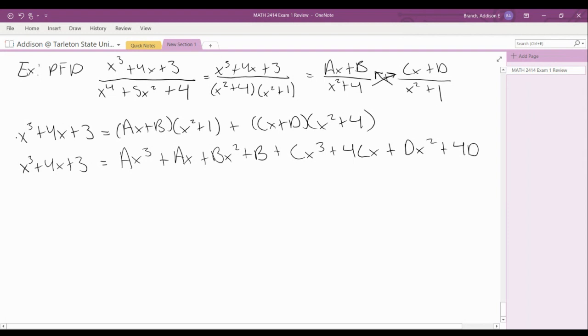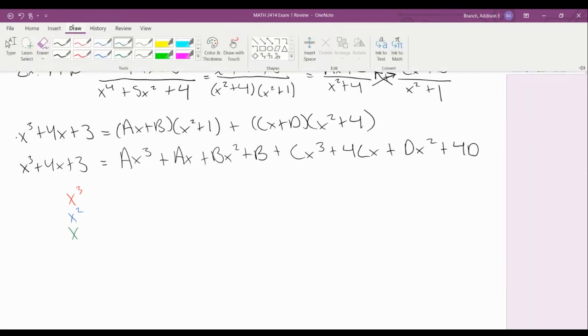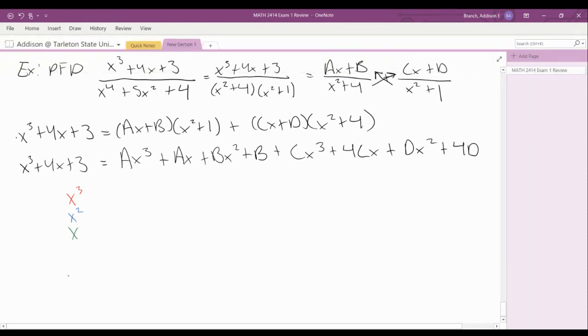So now we need to look at each power and see if we can separate this out by the powers. So we have an x cubed, an x squared, an x, and our constant.